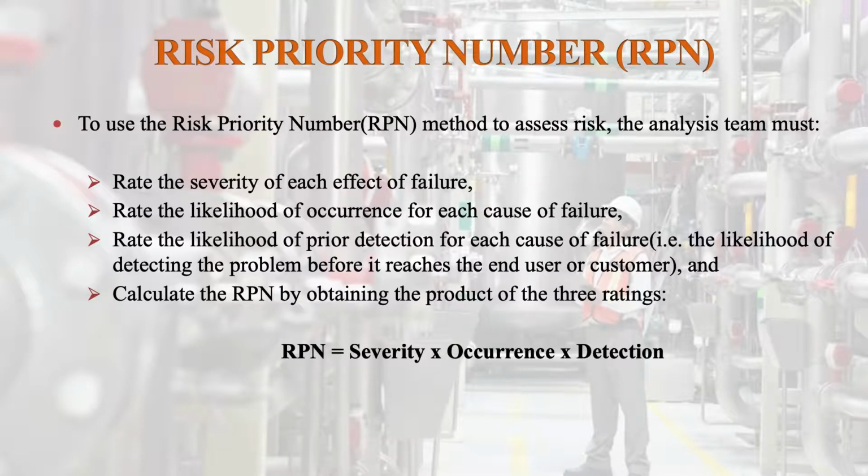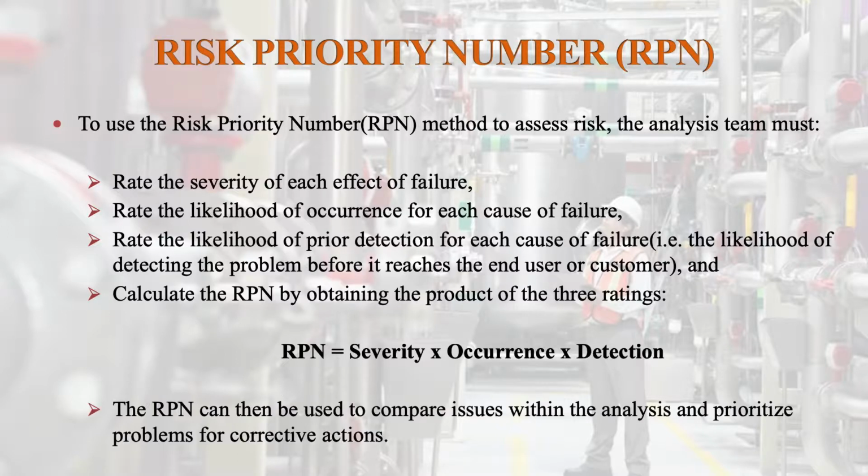RPN is equal to severity multiplied by occurrence multiplied by detection. The RPN can then be used to compare issues within the analysis and prioritize problems for corrective actions.